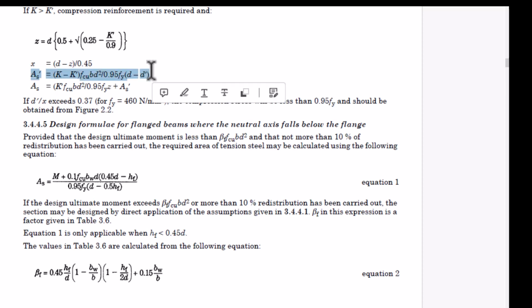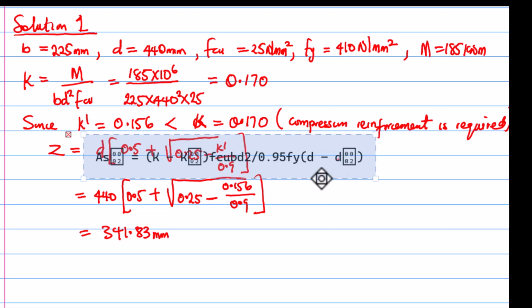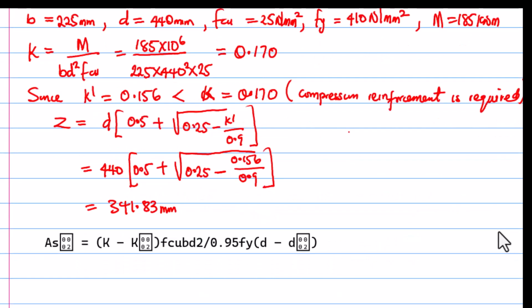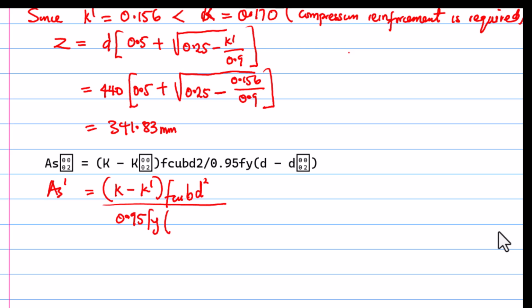So I'll quickly bring it here. Okay, so with this now I can say my AS prime equals K minus K prime into FCU BD squared all over 0.95 Fy into D minus D prime.